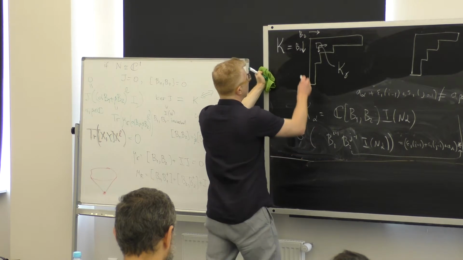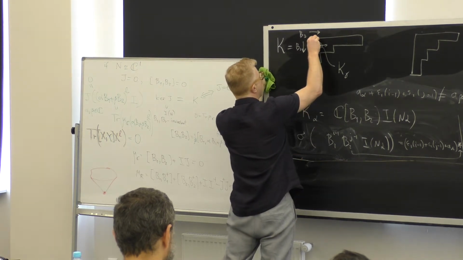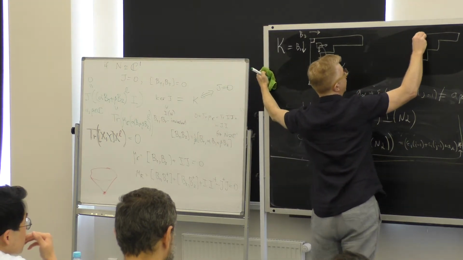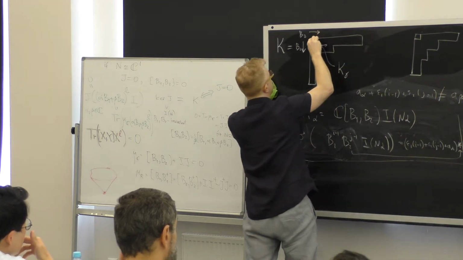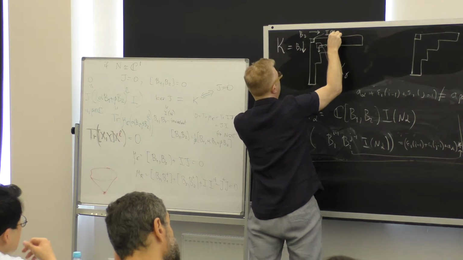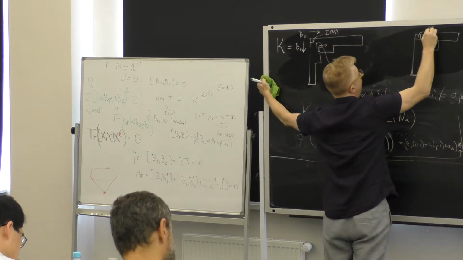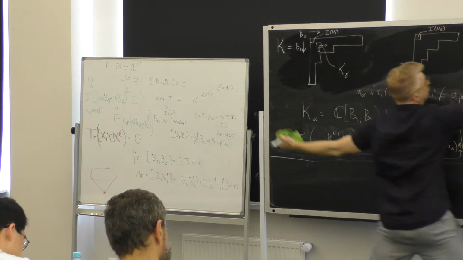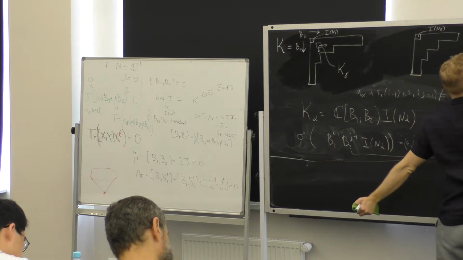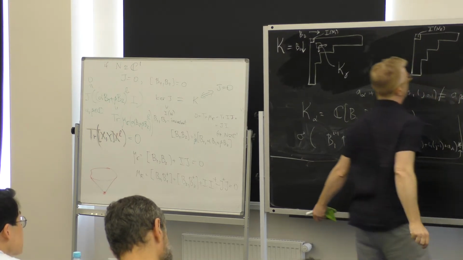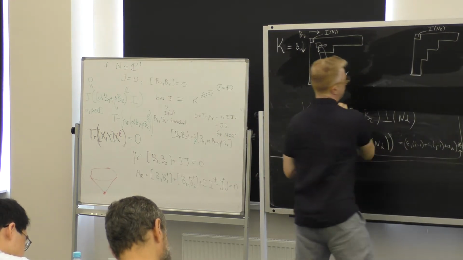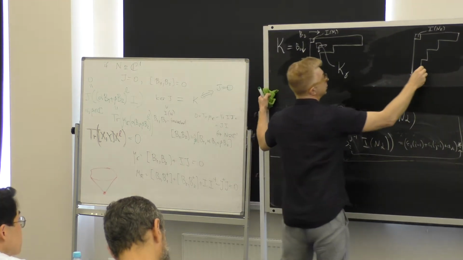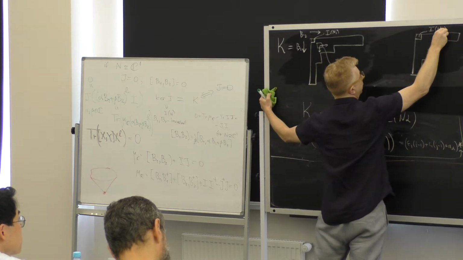And the uppermost corners of each Young diagram are the corresponding lines. So this is I of n1, this is I of n2, and this is I of n sub n. And the total size, so let me put it alpha here.